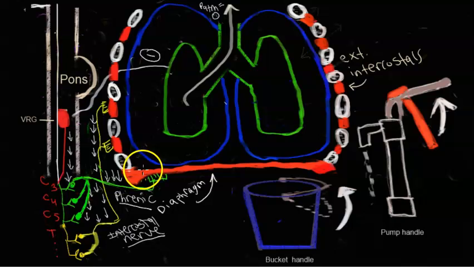It moves inferiorly. And this is like the reverse, right, of the pump handle. Okay? Whereas the ribs moving down and in is essentially the reverse of the bucket handle. The arrow is now in the opposite direction. Okay?